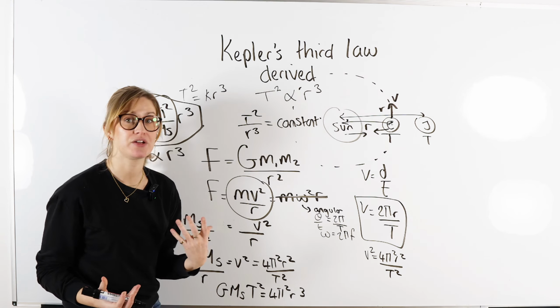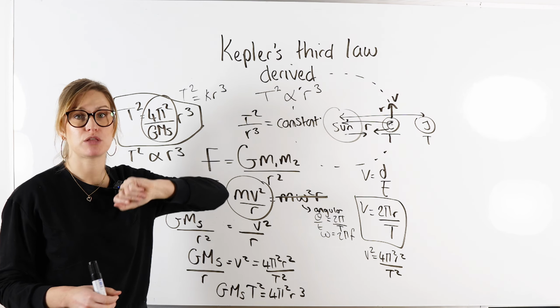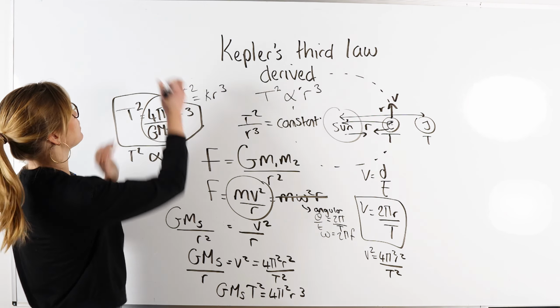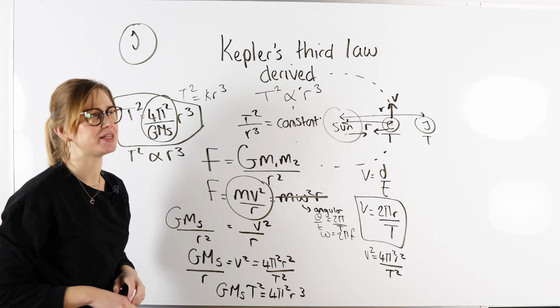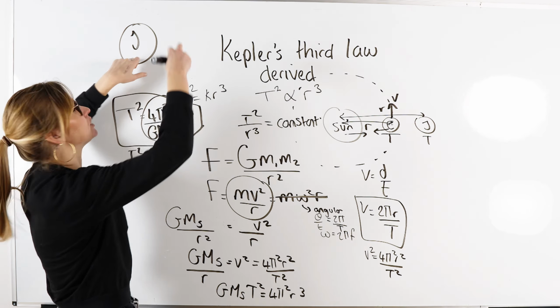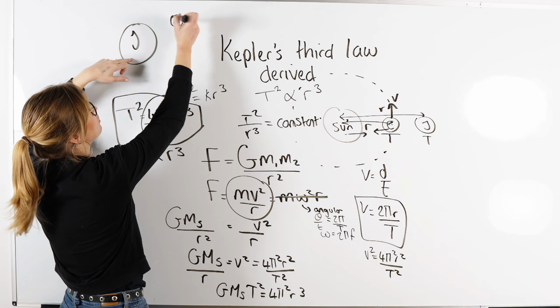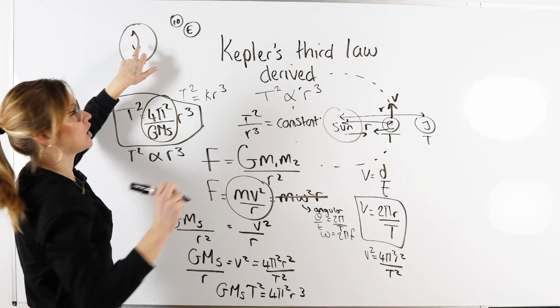So let's say there was another exam question where maybe instead of these objects orbiting the sun, maybe we're going to look at the moons of Jupiter. So let's say we have the planet of Jupiter, and what we're looking at is all the moons orbiting Jupiter. Some of the moons of Jupiter might be Io, Callisto, Europa. So we have all these different moons of Jupiter.